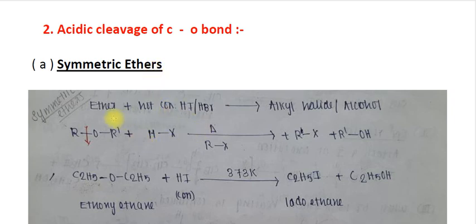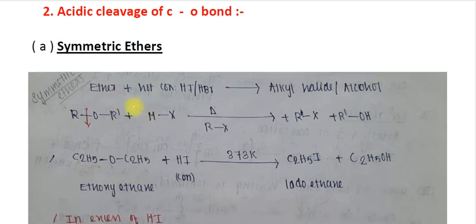If an ether is reacted with hot concentrated hydrogen iodide or HBr, you will get an alkyl halide and an alcohol. The general reaction is given here: if your ether is ROR' plus HX heated, what is forming?